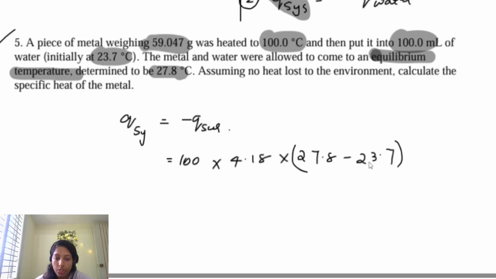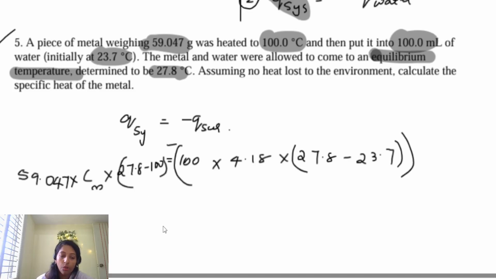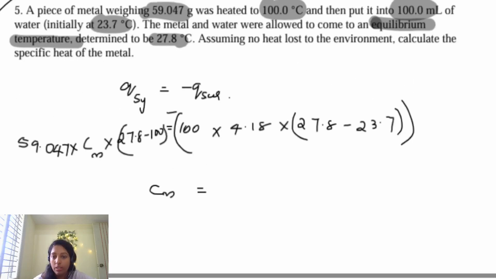So this is for the water, and there will be a negative sign. Q system we don't know: the mass of the metal, 59.4047, times the specific heat capacity we do not know, and the temperature difference. This time it is final temperature 27.8 minus 100. Then you can solve it for C metal. That kind of normal calorimetry question will also be there. Okay, that's it.